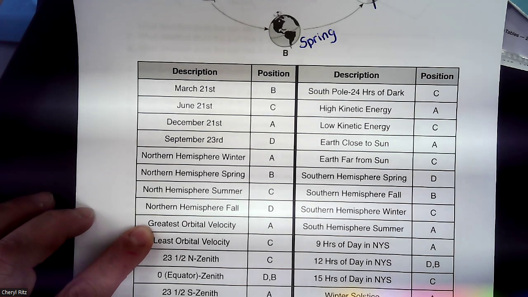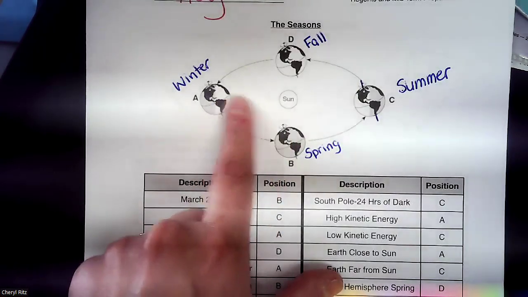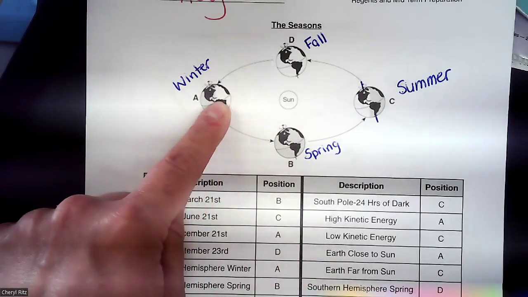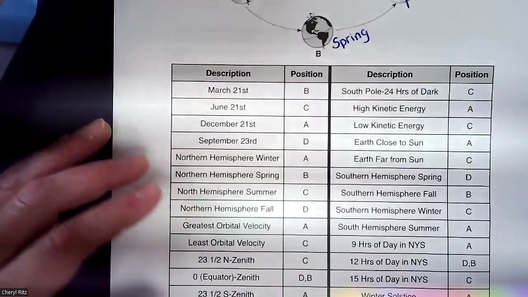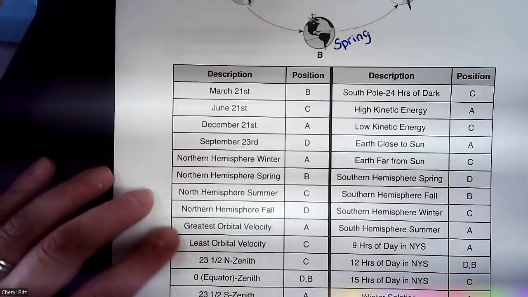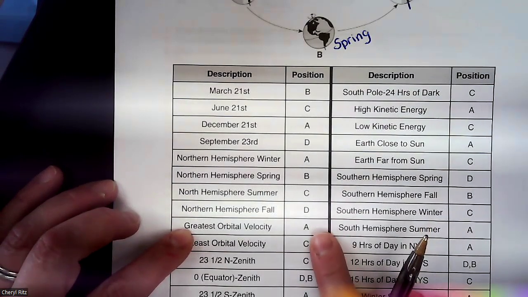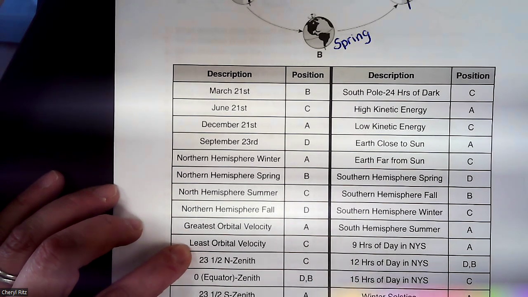It may have been hard to see here, so if you got this wrong, it is closest to the sun during our winter. So that would have been answer A. That is something you do need to know, that it's closest to the sun during our winter. So that would be letter A for greatest orbital velocity. Why? Because it's closest. Least orbital velocity is going to be when it's farthest away. That will be answer C.